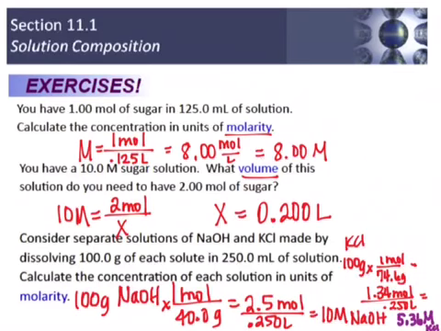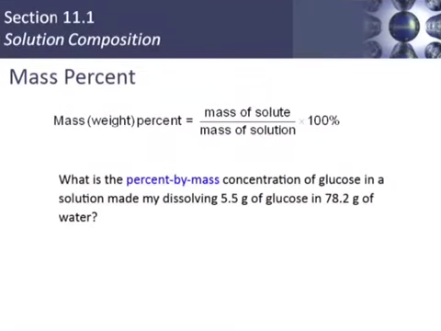Okay, so let's do some mass percent. This is mass of your solute over mass of your solution. So what is the percent by mass concentration of glucose in a solution made by dissolving 5.5 grams of glucose in 78.2 grams of water?